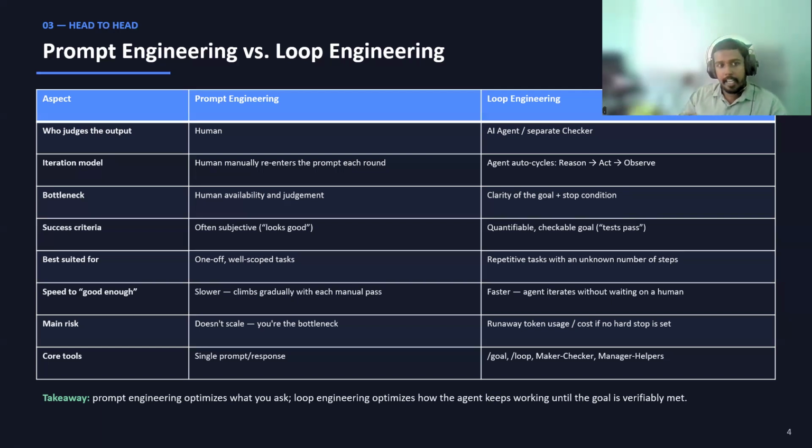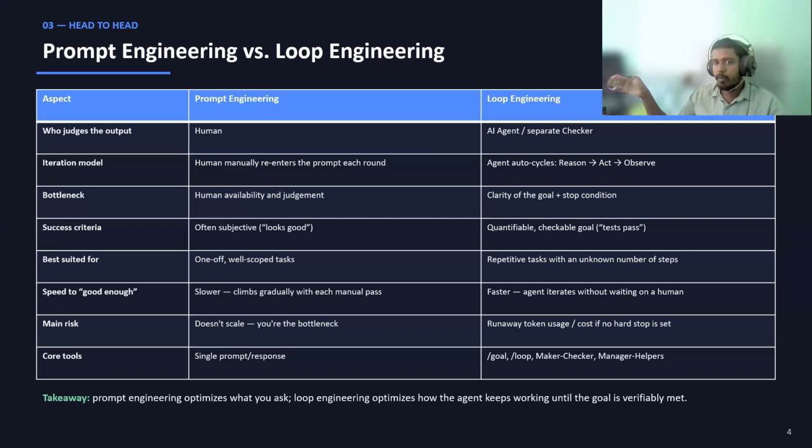But it has a new bottleneck, which is the stopping condition. In prompt engineering, the success criterion is whether the output satisfies the human; if it looks good, it is considered a success.